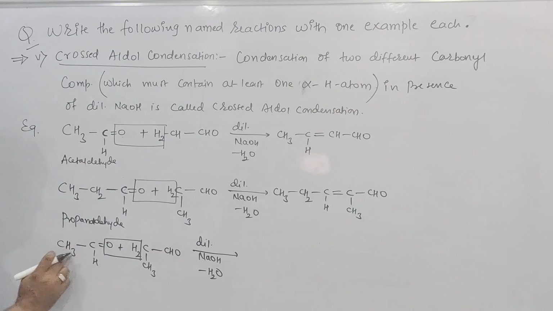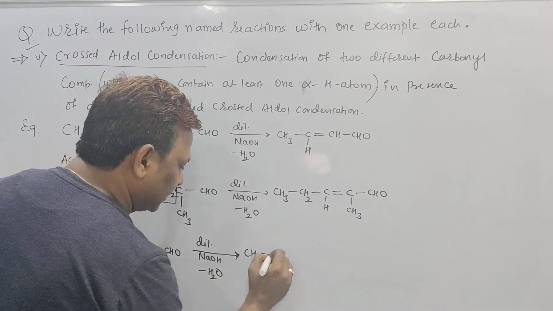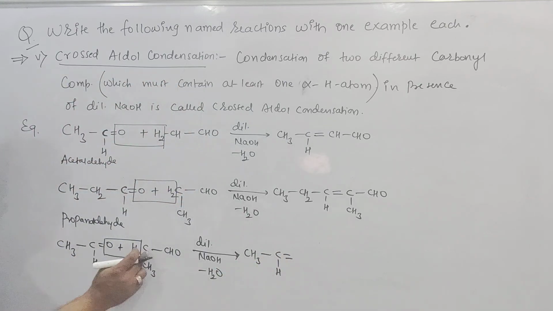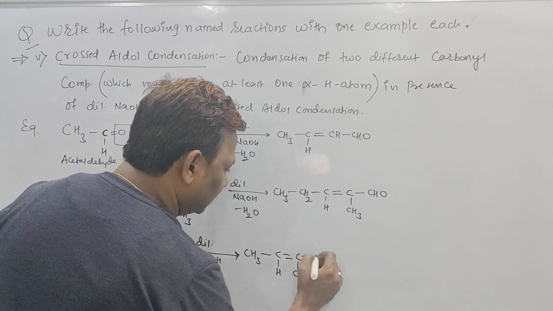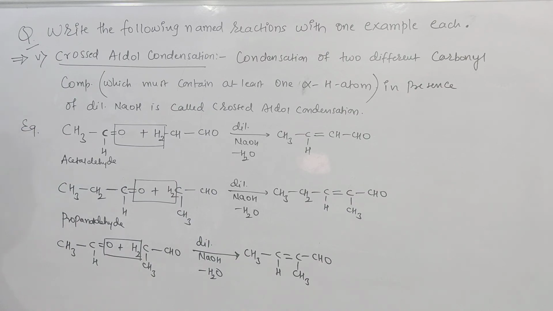What is left with you, beta? CH3, CH double bond, C bonded with CH3, single bond CHO. Right, beta? 3 reaction over.